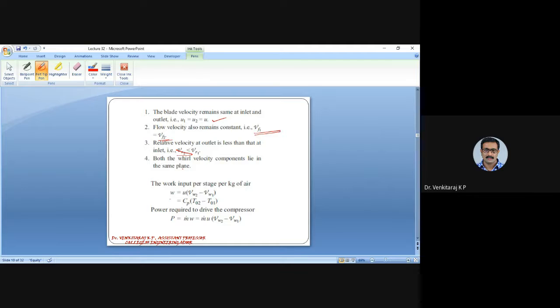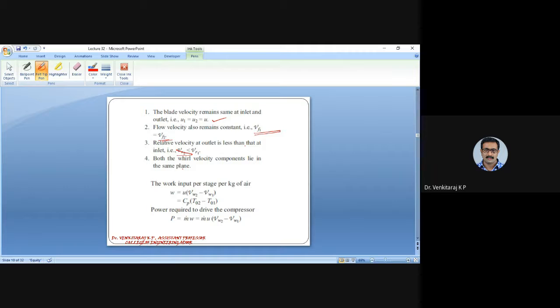So the work input per stage. As I told earlier, when you calculate the total work, we have to multiply the work per stage by the number of stages. Here this is the work input per stage. One stage means one set of rotor and one set of stator.